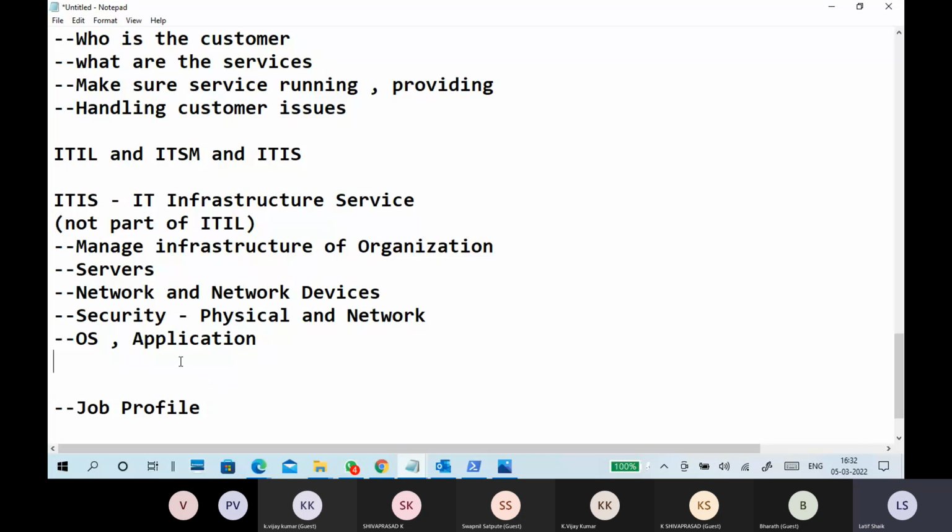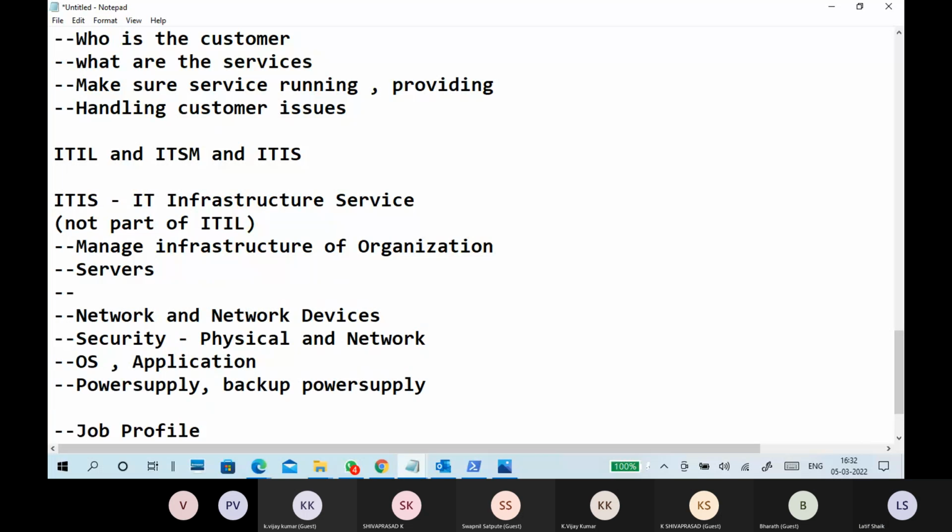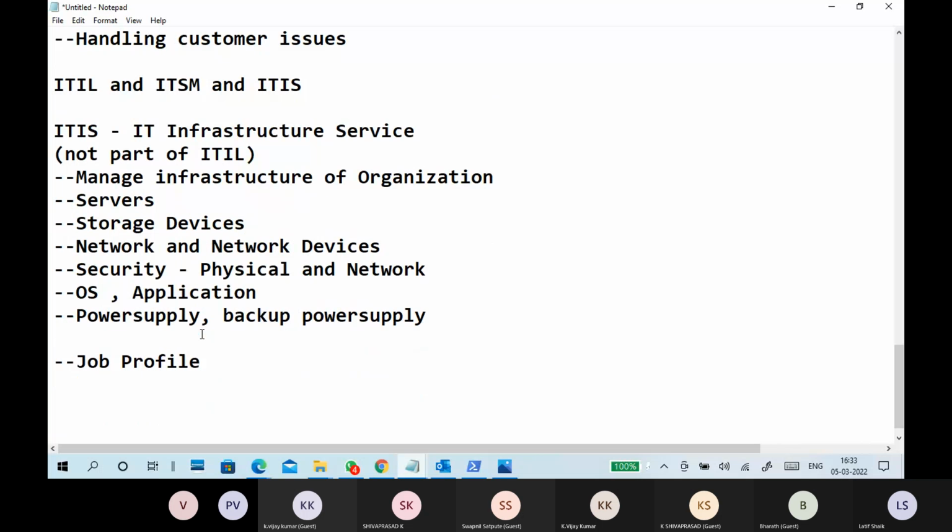Okay, so next, physical environment. Okay, like a power supply, backup power supply, airflow, cooling.